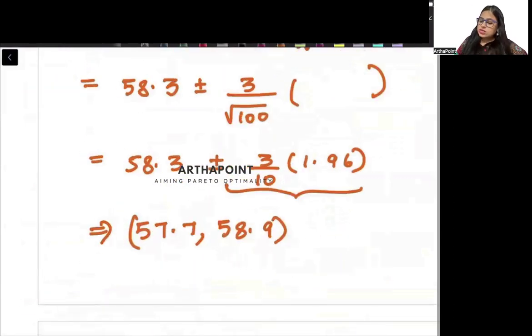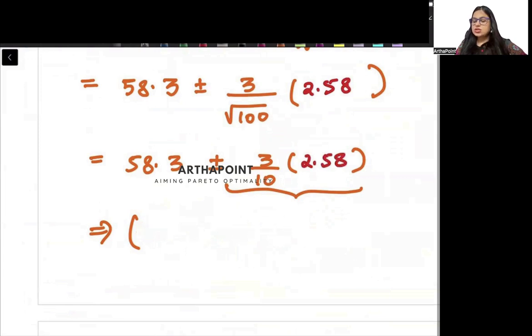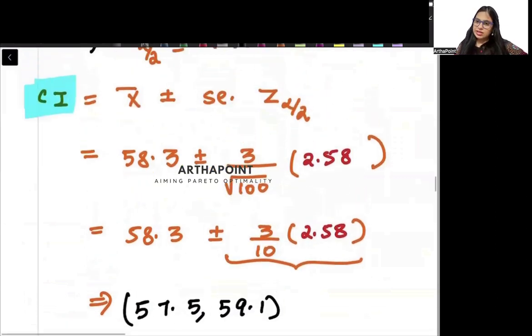So instead of 1.96, I will replace this with 2.58. Once I replace this with 2.58, I am going to get the answer as 57.5, 59.1. And this will be my interval.